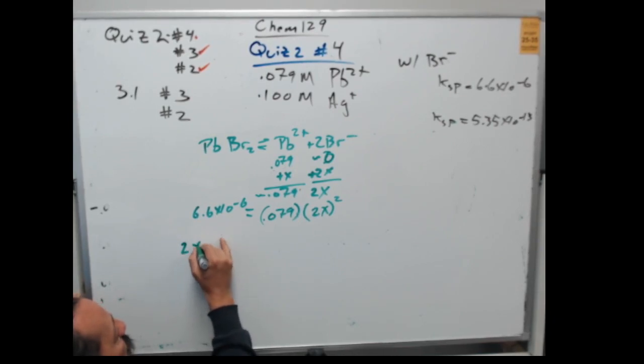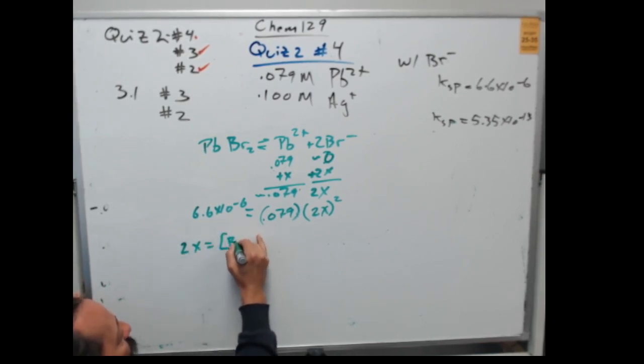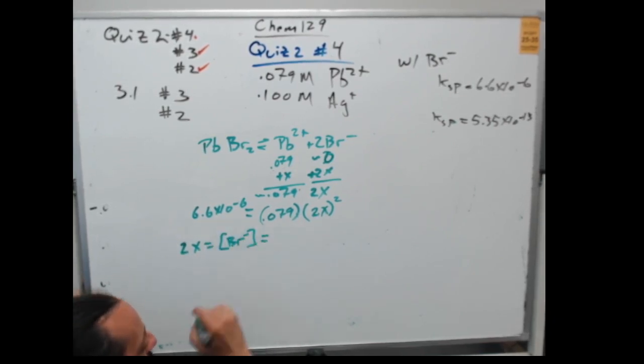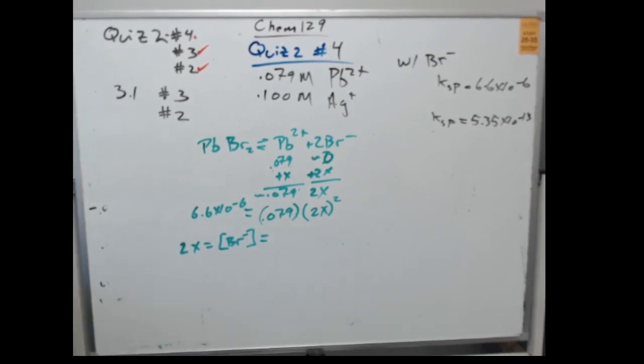Then I can go ahead and solve. I'm going to solve for 2x because that's going to be my Br- concentration. I could solve for x, but there's nothing in the problem asking me for x yet. So I'm just going to solve for 2x because that is my Br- concentration. I'm going to do 6.6 times 10^-6 divided by 0.079 because it was given in molarity, thank goodness.